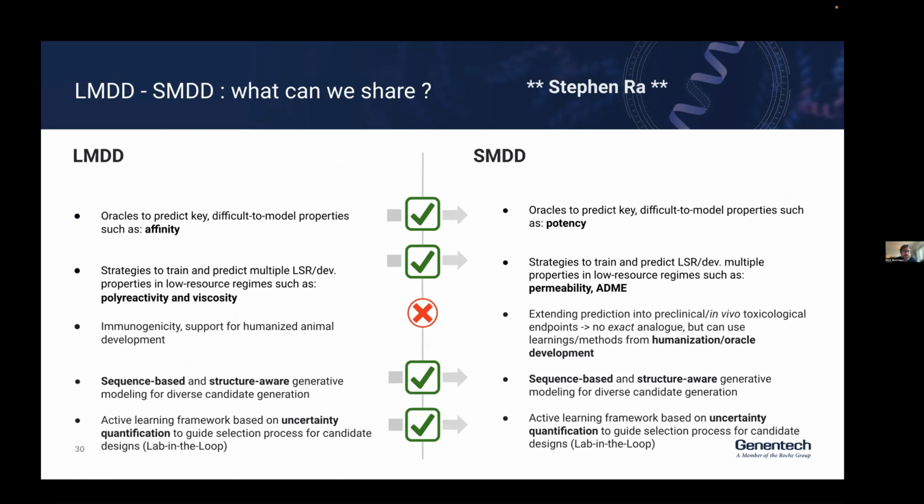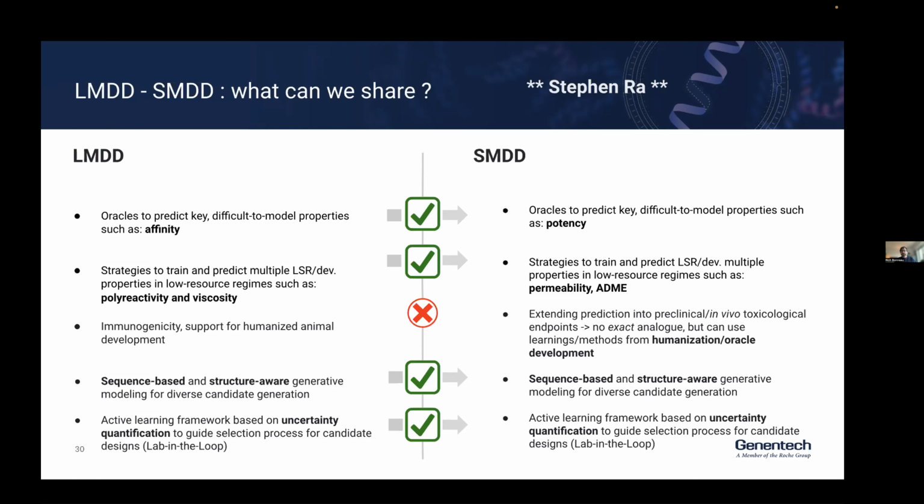One thing that we can also ask as we work through this, and again, everything I talked about today, I drew examples from our experience with large molecule drug discovery, which typically means VHHs and IgGs and Fabs. Stephen Ra, who we met this morning, has also been thinking quite a bit about how much we can transfer our overall organizational knowledge in terms of how we use ML to approach LMDD to the space of small molecule drug discovery, or SMDD.